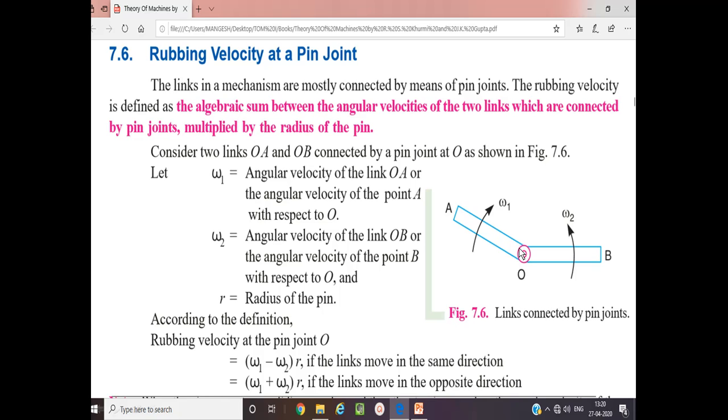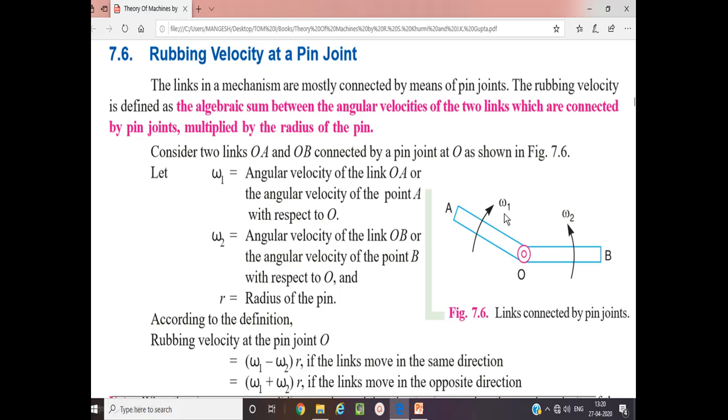If OA is rotating in a clockwise direction and OB in an anti-clockwise direction, the algebraic sum of these angular velocities into the radius of the pin joint will be the rubbing velocity generated at point O.